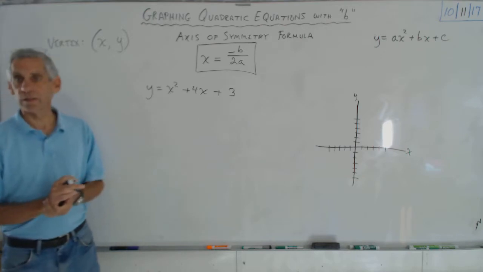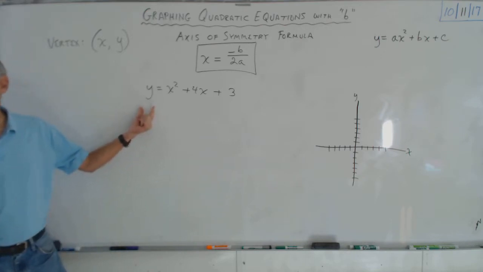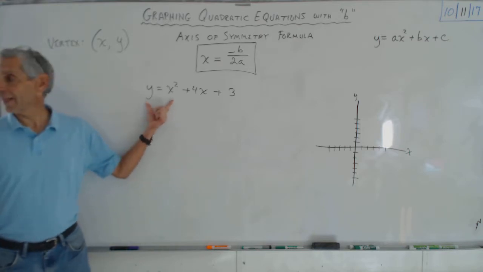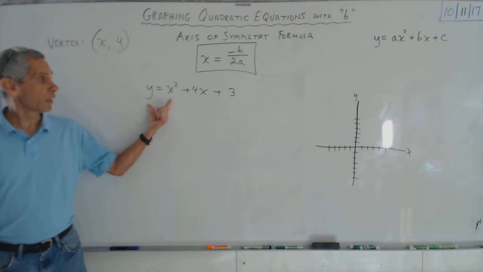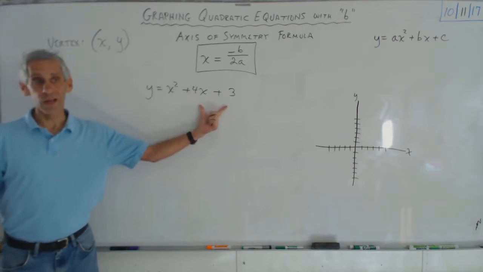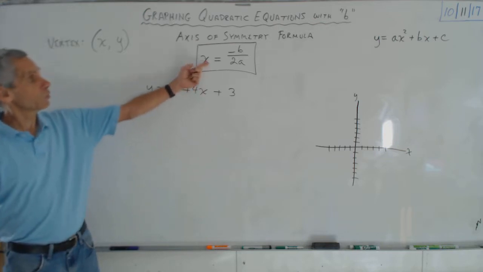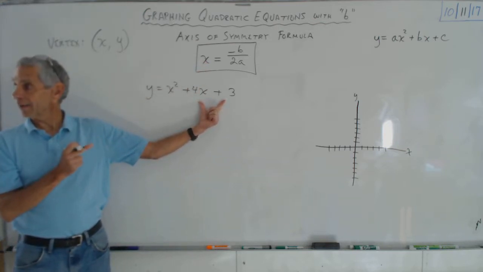So there's our equation. All right, so immediately I see it's y equals x squared. That's standard parabola guy, right? Standard parabola guy. This stuff, I see I have a b. I know it's not going to be on the y-axis. I'm going to use my axis of symmetry formula to find the x of my vertex, right?